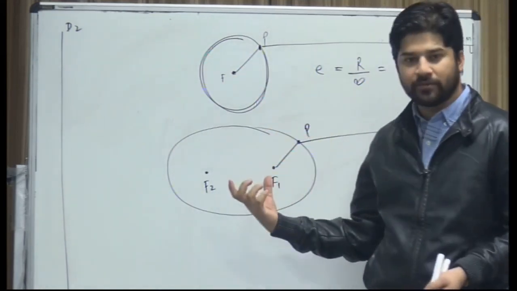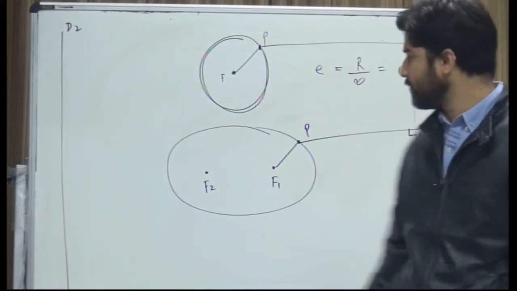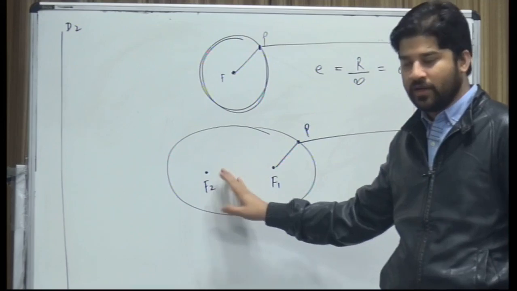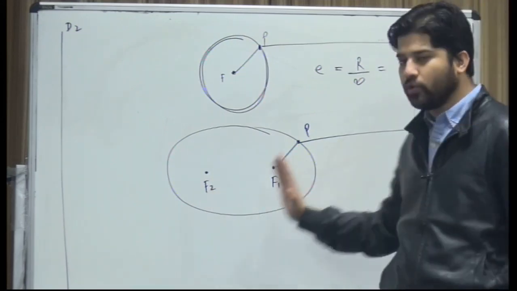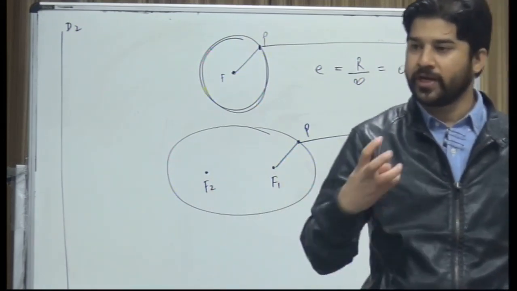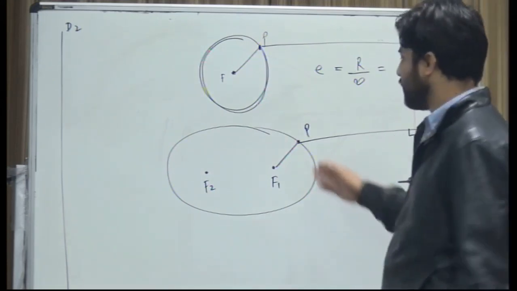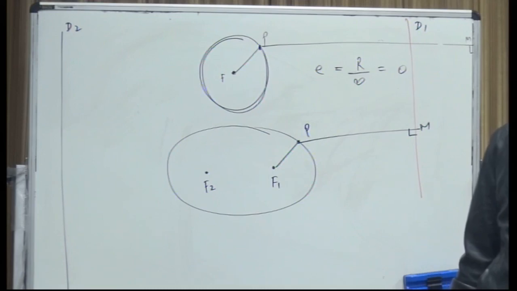You got your ellipse? Now what happens? Ellipse has been discovered. Now you are bringing it more closer, and then suddenly a situation arrives that they are equidistant. Then what happens?